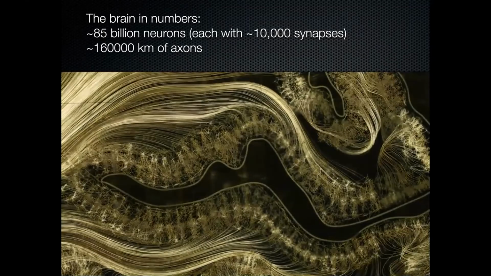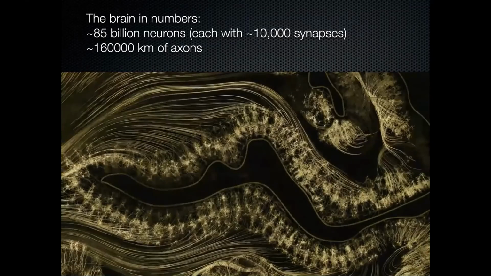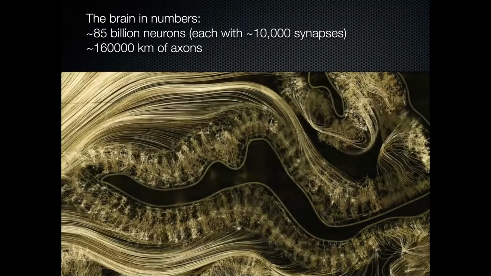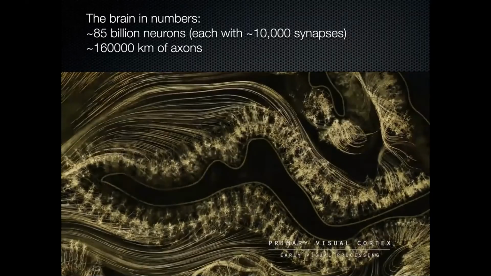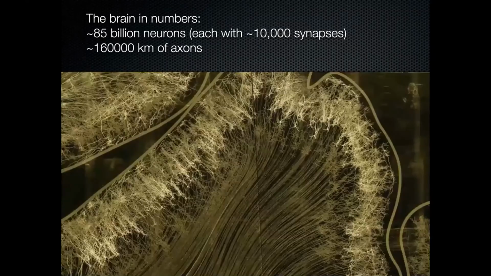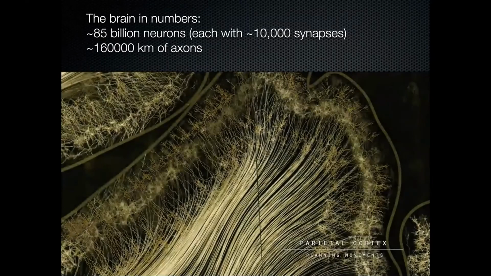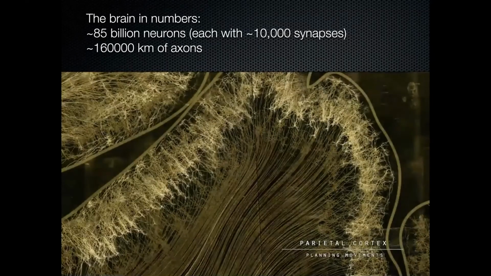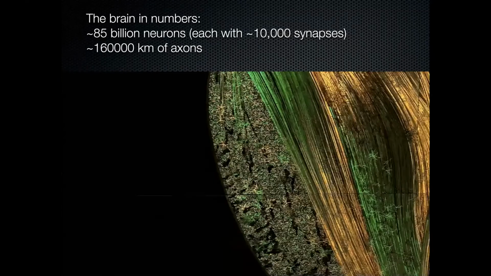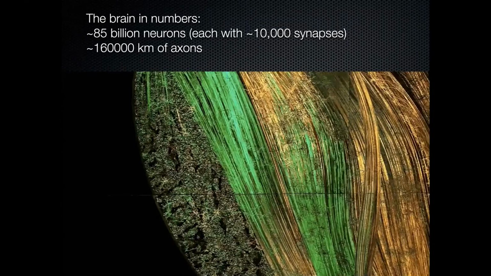I wanted to start with numbers that are maybe obvious for the OHBM community, but the brain is very complex. It has more than 85 billion neurons. But a number that we rarely hear about is the amount of axons.